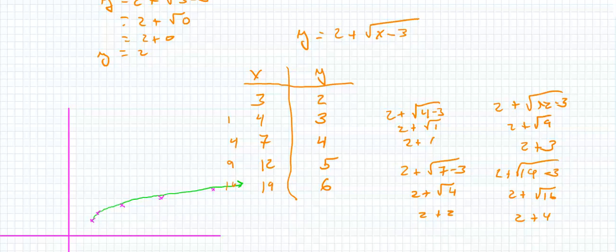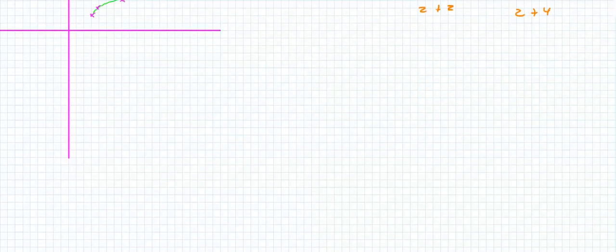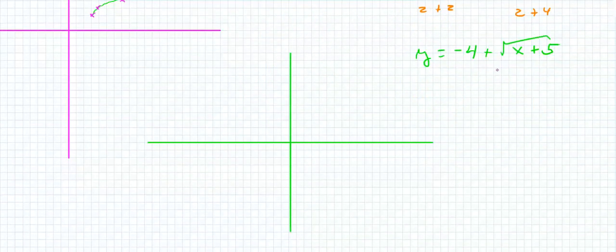All right, let's do one more without all this work. Okay, our starting point is going to be x equals -5, because -5 plus 5 is 0, -4. So -5, 1, 2, 3, 4, 5, 1, 2, 3, 4.